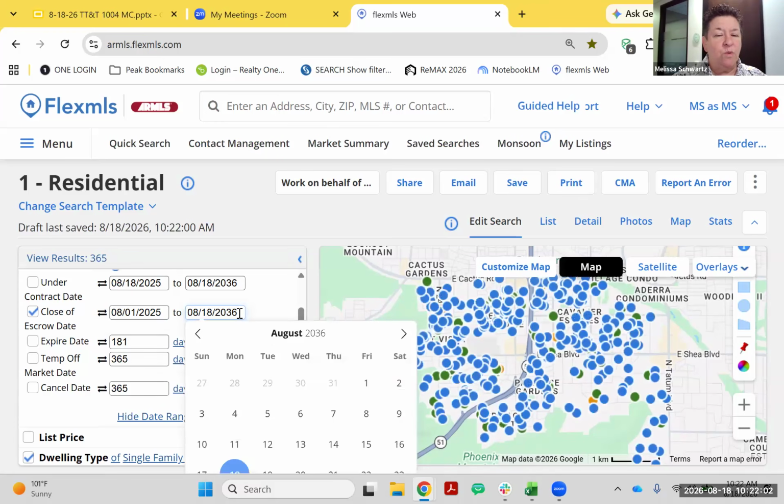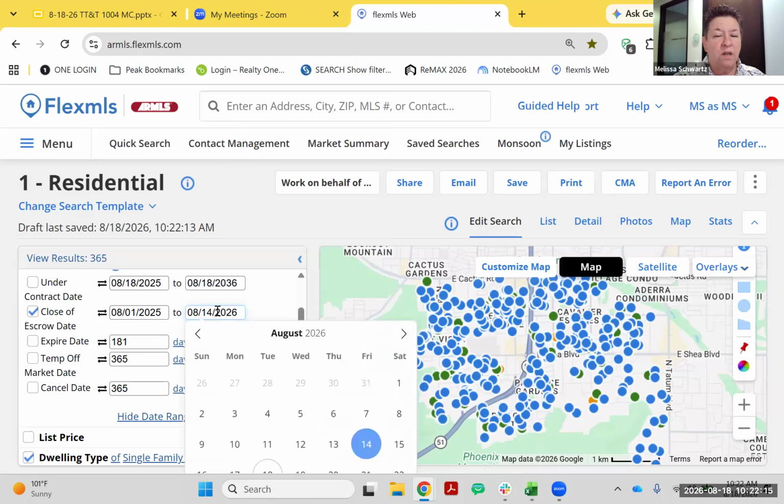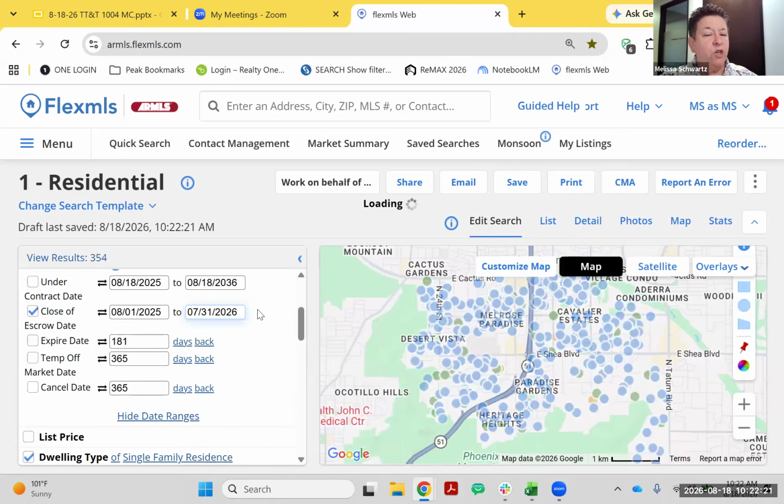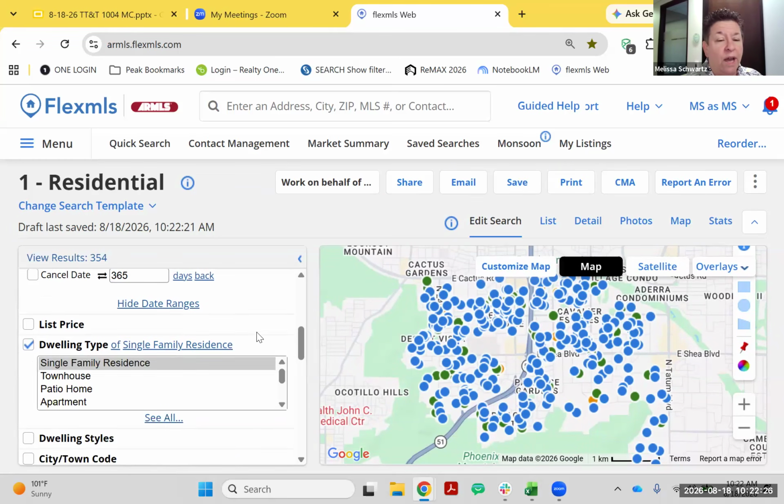If you click on this one, notice that there's a little arrow to go backwards. And I actually want July 31st. So that's fine, right? So I could do August 1st to July 31st. Does that make sense? Okay.